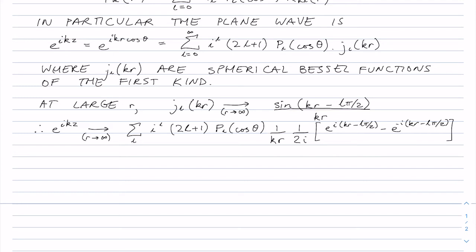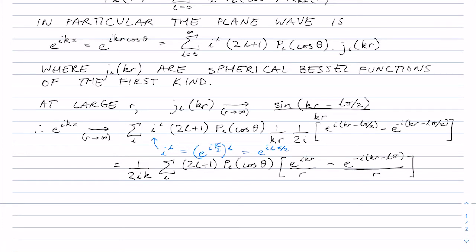And this i to the L can also be expressed here. i to the L is, well, i can be expressed as e to the i pi over 2. And so if we take that to the power of L, we get e to the i L pi over 2. So that phase factor I'm going to mix with the exponentials from the sine, and that will give me.